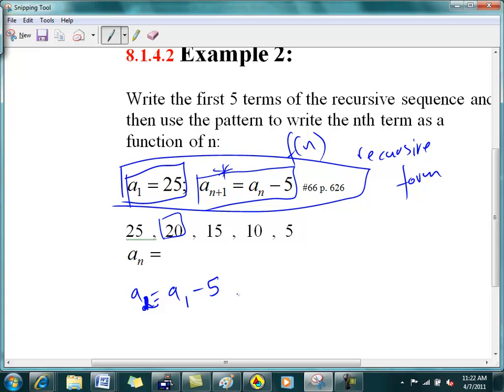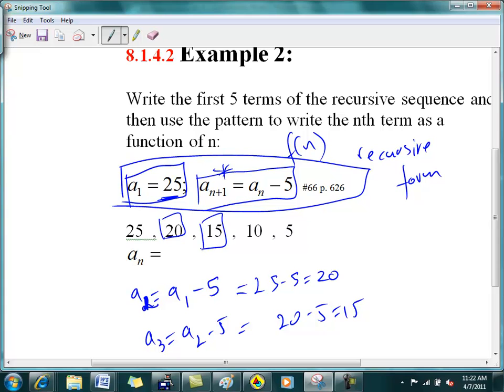Okay? And I know what a sub 1 is. 25 minus 5, that gives me 20. And then in order to get a sub 3, I'm going to go a sub 2 minus 5. Okay, which is going to be 20 minus 5, which is 15, which is this term here. Okay?